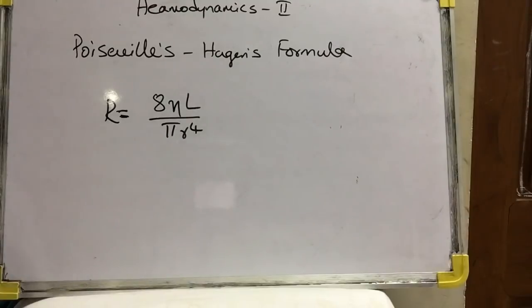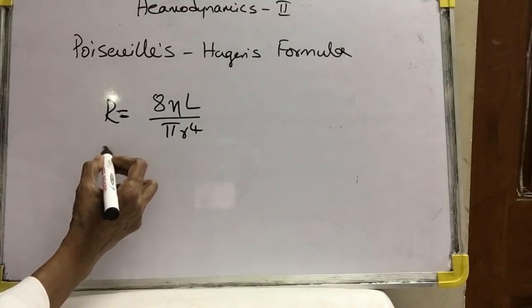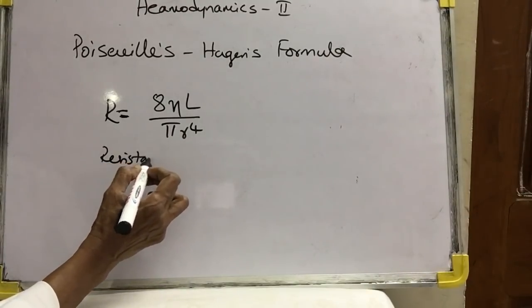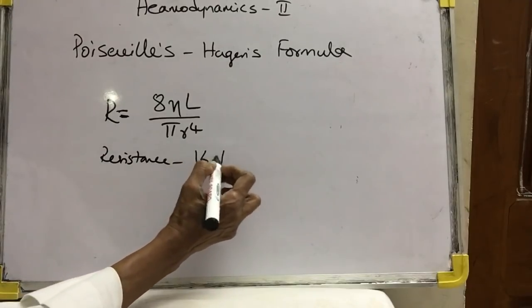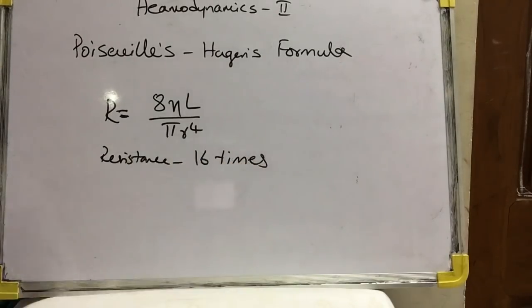If the radius is increased by 4 times, then the resistance is decreased by a factor of the fourth power.